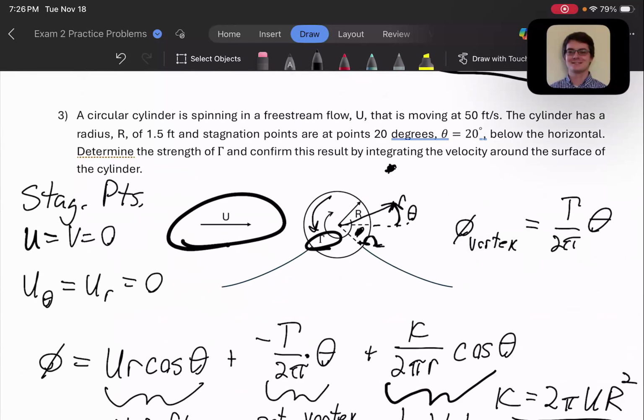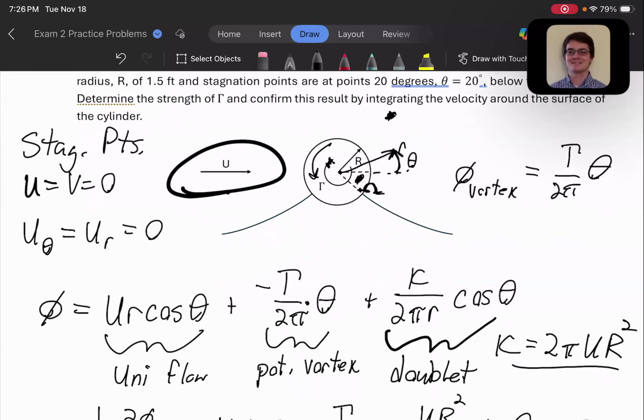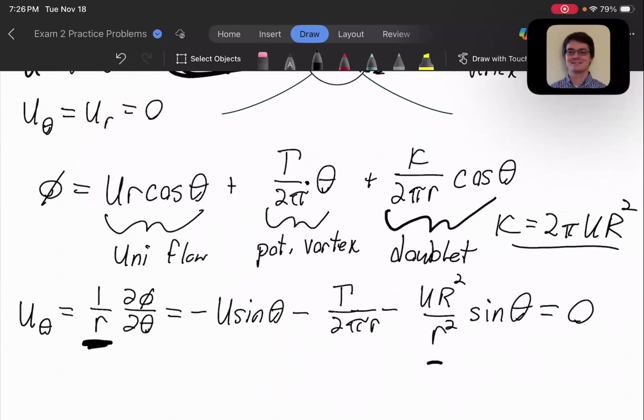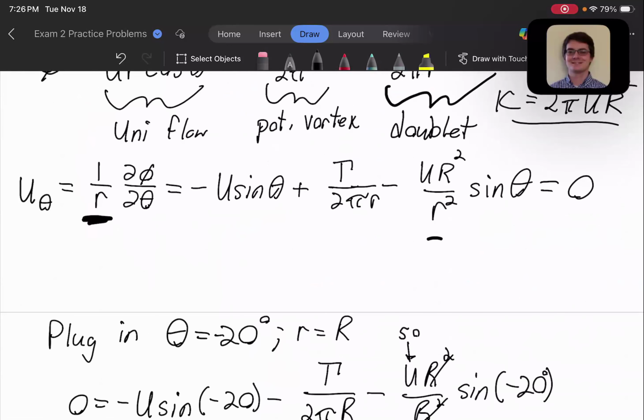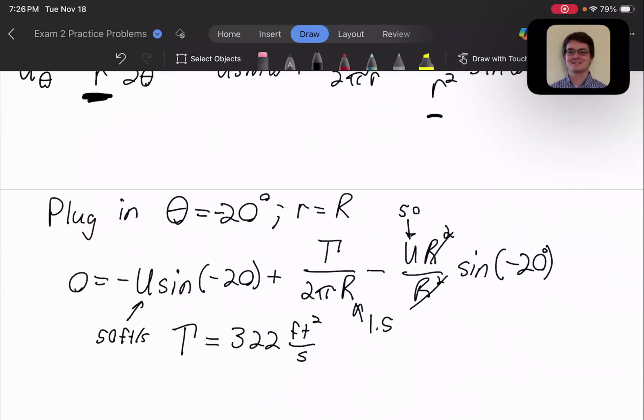It's positive there, it's going to be positive there, and it's going to come out negative. Because the sign terms are both going to be negative, and we're going to have to add them to the other side.